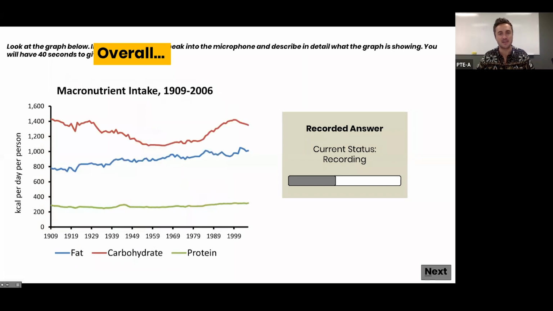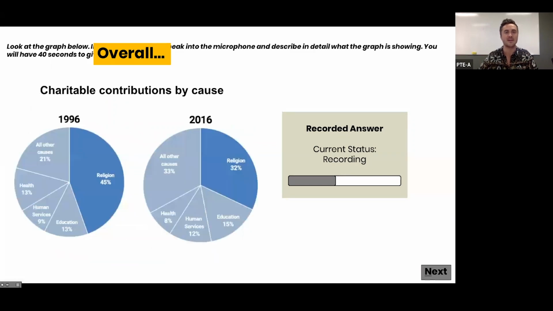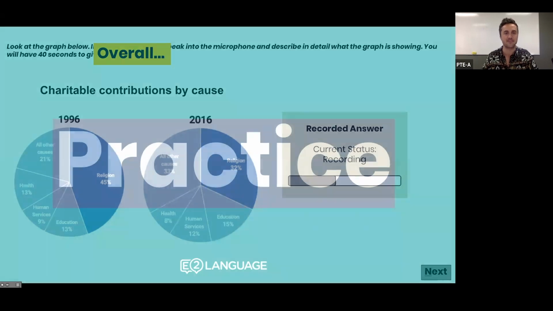Overall statement here, please, in 3, 2, 1, go. I would say something like, overall, we can see that carbohydrates are still the most popular macronutrient, or overall, we can see that there was a slight rise in all 3 macronutrients, something like that. And I'll skip that one.